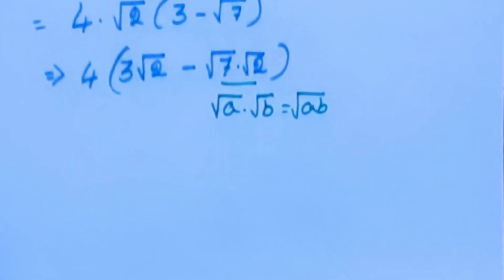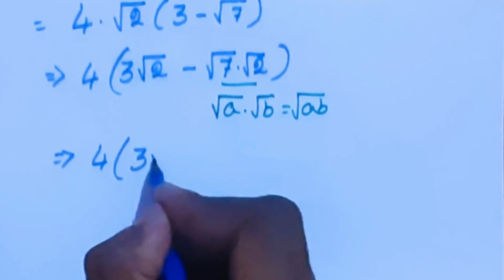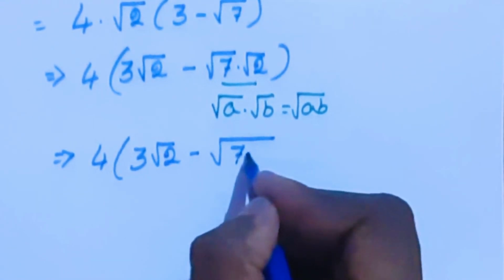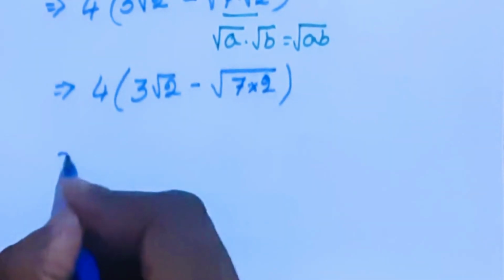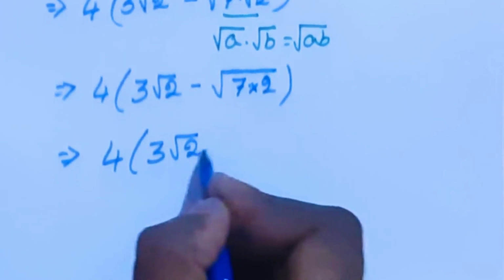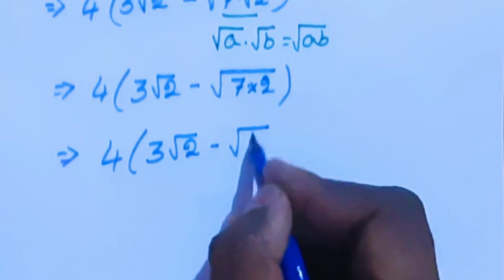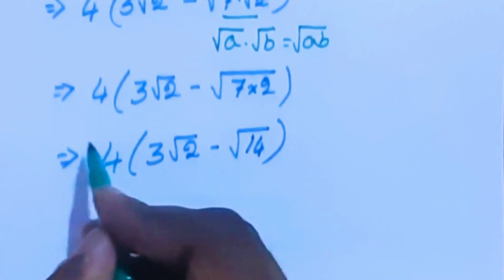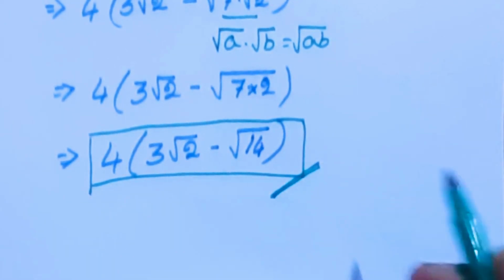So 4 times 3 square root of 2 minus square root of 7 times 2, so 4 times 3 square root of 2 minus square root of 14. This is the final answer. Thanks for watching this video.